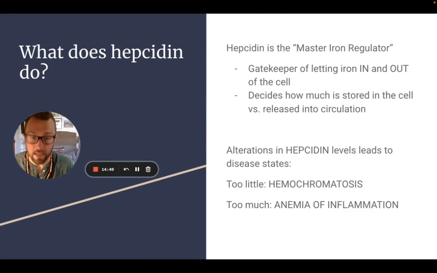This is called anemia of inflammation. And we'll talk about the mechanism of how that happens a little bit later in the episode. Again, it's just important to note, hepcidin plays a critical role in iron balance. And iron, when it becomes imbalanced, either too high or too low, causes disease states. Let that sink in for a second.